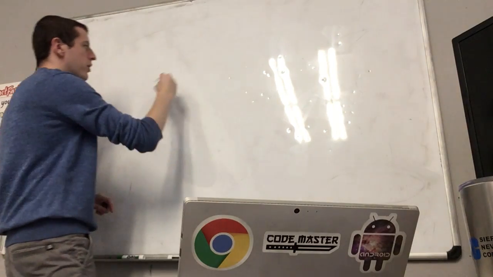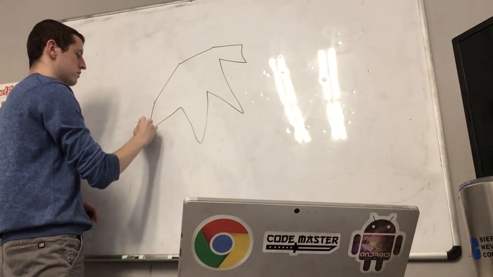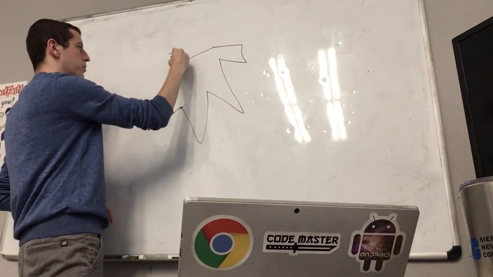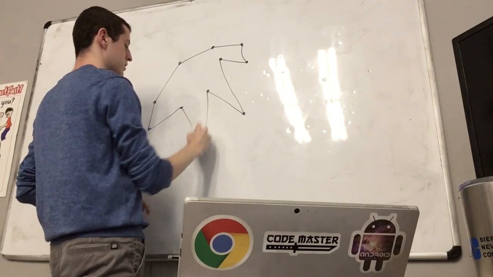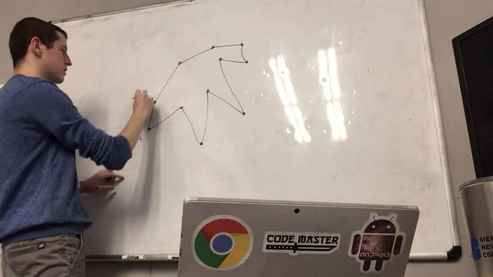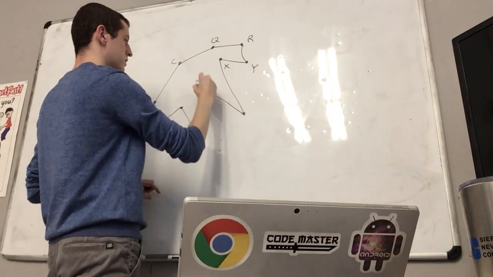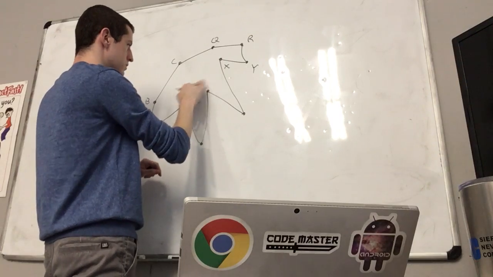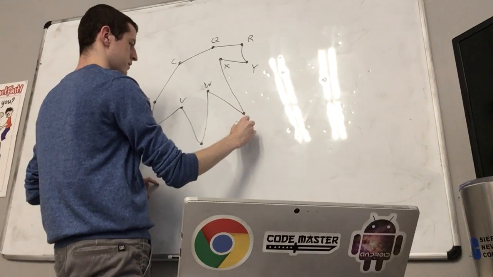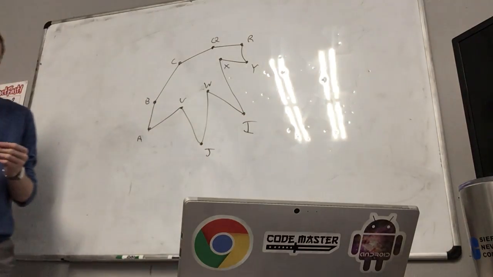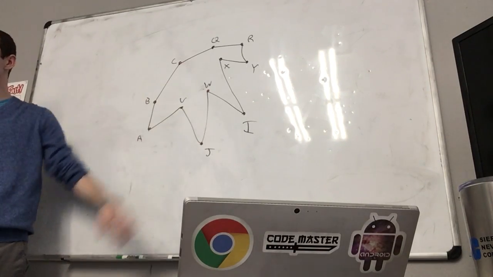Alright, so really quick for naming schemes of polygons. The best way to name a polygon is to pick one side. It does not matter which point you start.